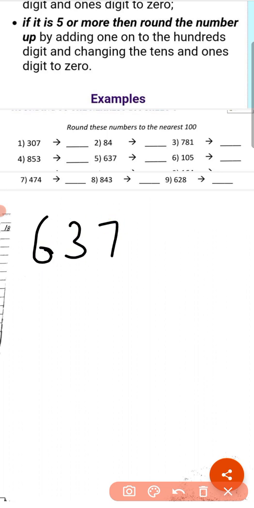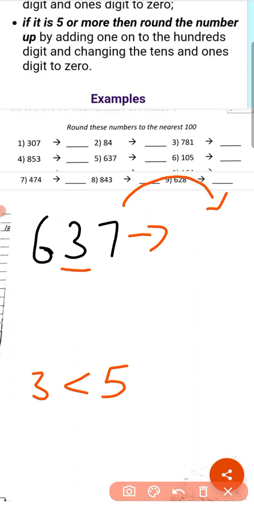637. Same method, children. First check the digit at the tens place. 3. 3 is less than 5. So replace ones place by 0. Then tens place also by 0.